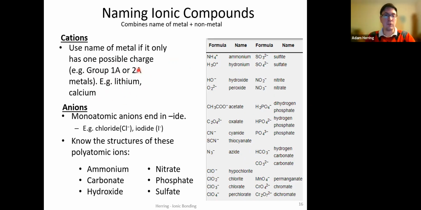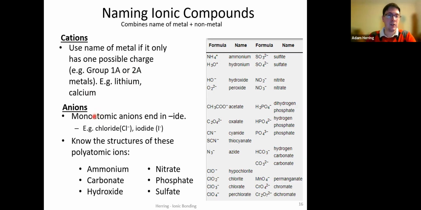For all of these metals, the name of the metal is simply the name of the element. Sometimes you might hear it referred to as the metal plus the word ion. So lithium ion, calcium ion, etc. But in a compound, we simply use the name of the metal.